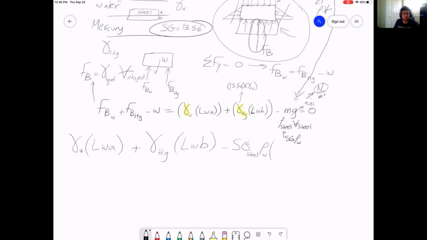What should I write for volume of steel? This term. LW times A plus B. Yes, exactly. It is actually A plus B because it's the entire volume of the block. That's how you find weight.